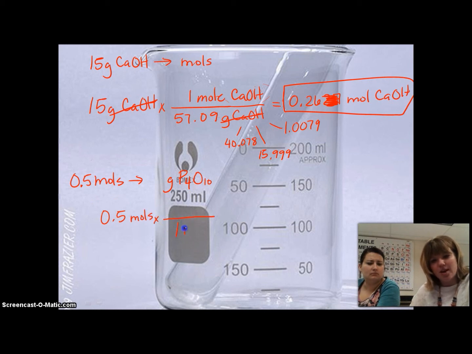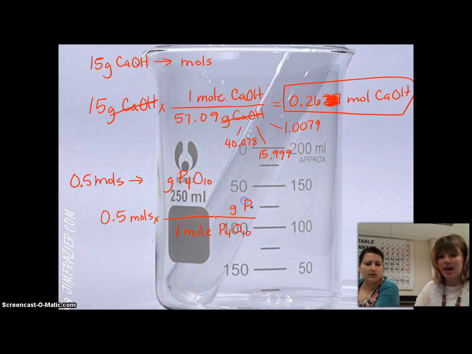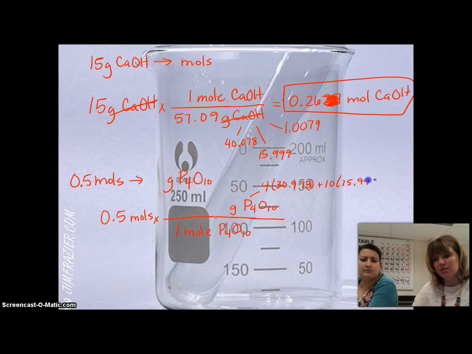And we would put 1 mole of the P4O10 on bottom. And now we're going to put the molar mass on top. So P4, P is what? 30.973. Plus 10 oxygen. This is going to be a pretty big number, yeah?